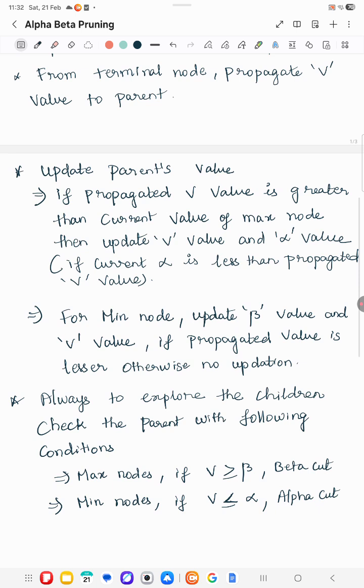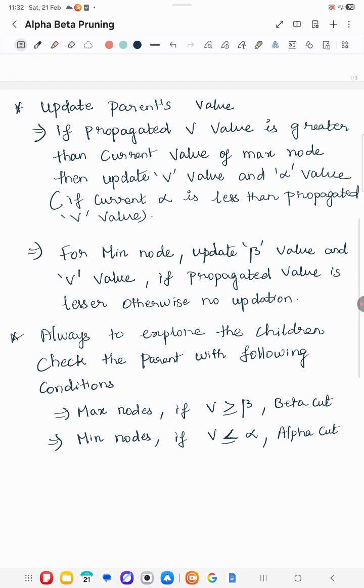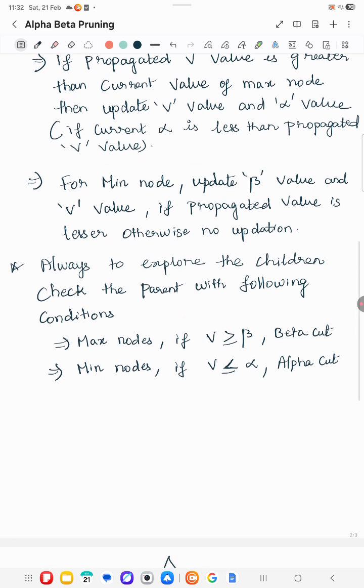If the propagated v value is greater than the current value of a max node, then in the max node we update the v value and alpha value. If it is a min node, you update v and beta if the propagated value is lesser than the already existing one.